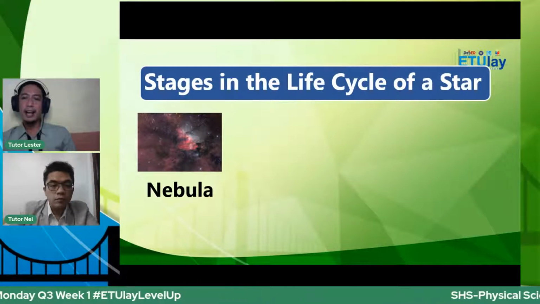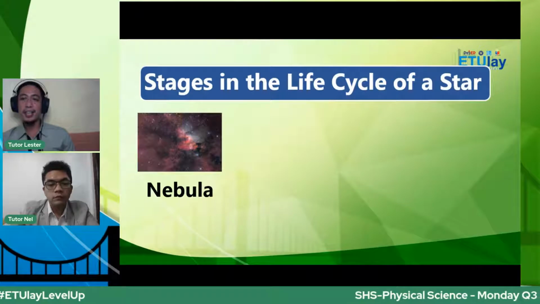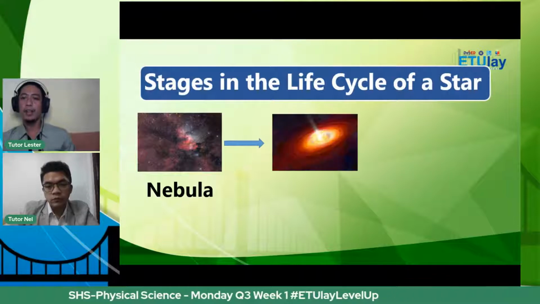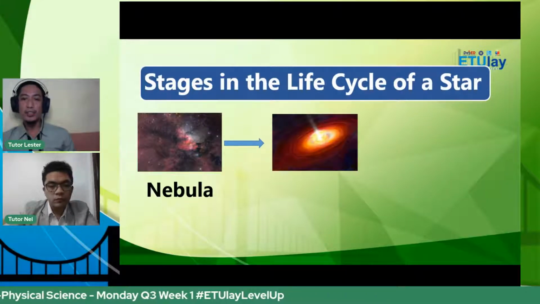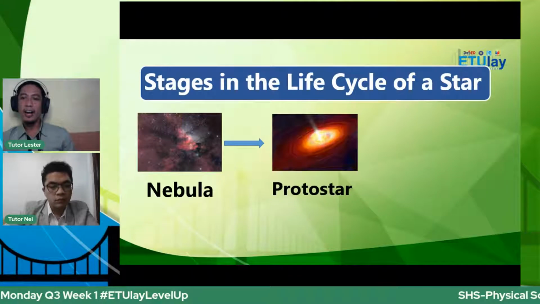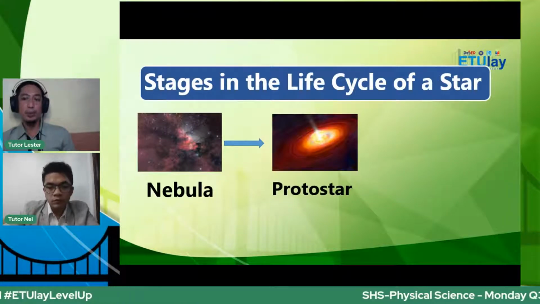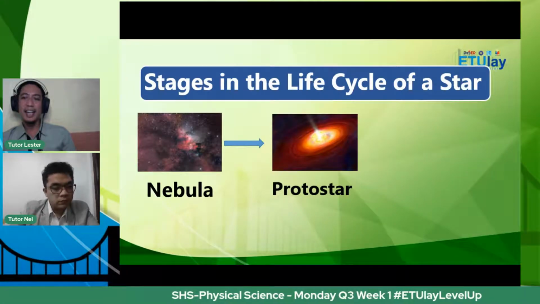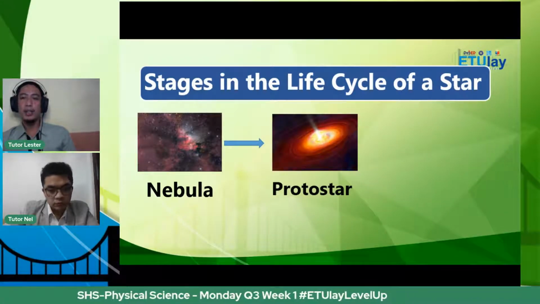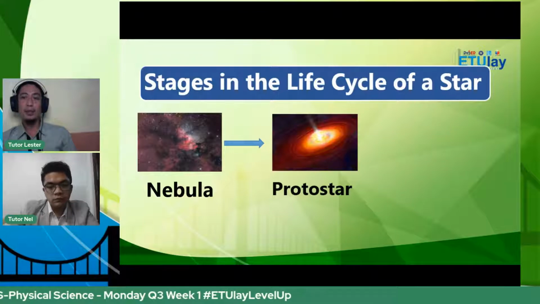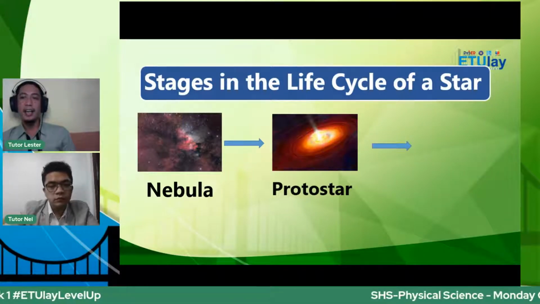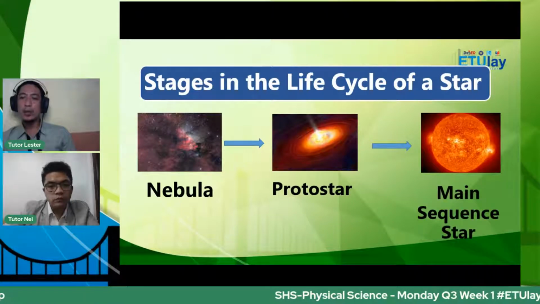Sa pamamagitan ng puwersa ng gravitation ay kinumpol ang dust cloud hanggang magkaroon ito ng core. Kapag ang isang protostar ay nagkaroon na ng sapat na temperatura para simulan ang nuclear fusion, ito ay nagiging isang ganap na bituin. Kapag isang ganap na bituin ang isang protostar, ito ngayon ay tinatawag na nating main sequence star.